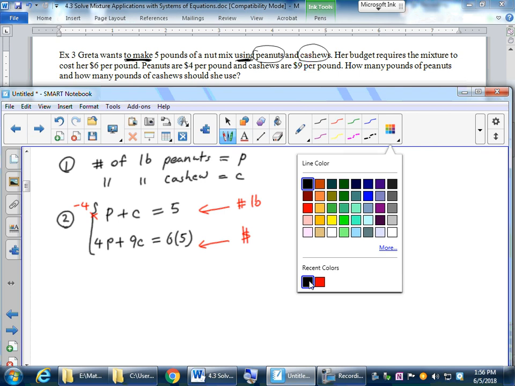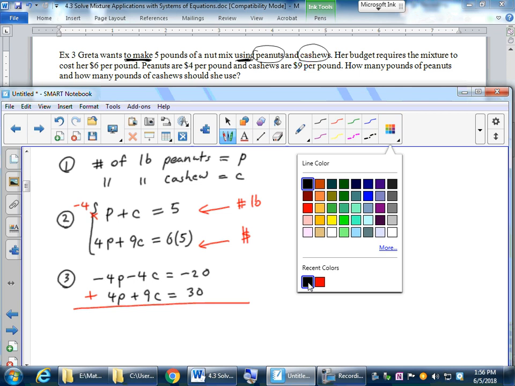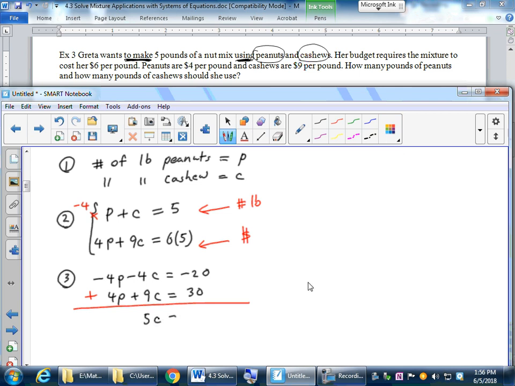So this gives us my step 3, -4p minus 4c is equal to -20. 4p plus 9c equal to 5 times 6 is 30. Adding up the two equations together, that gives us 5c, because p is eliminated, equal to 10. So c is equal to 2.